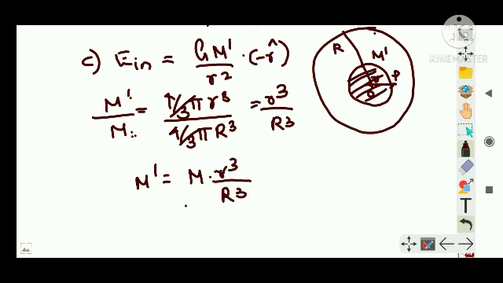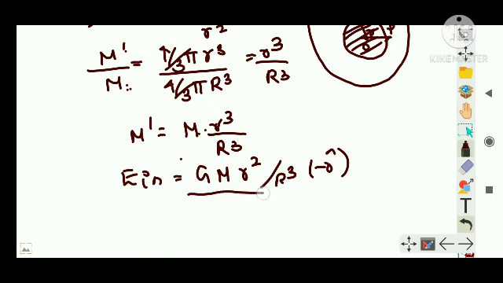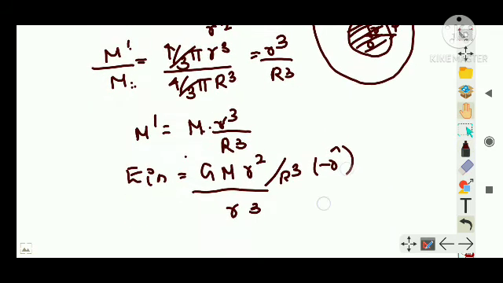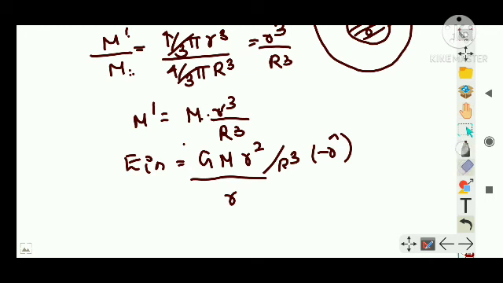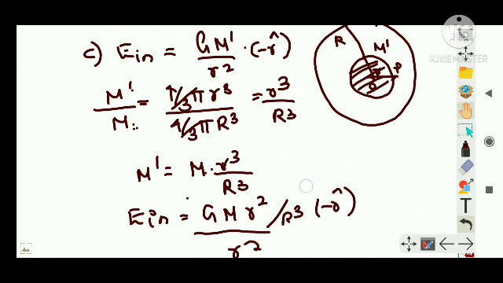I can replace this M dash with M, so the gravitational field is equal to GM, then r cube divided by capital R cube, then minus r cap vector, whole divided by r squared. Let me check, it is r squared itself now.